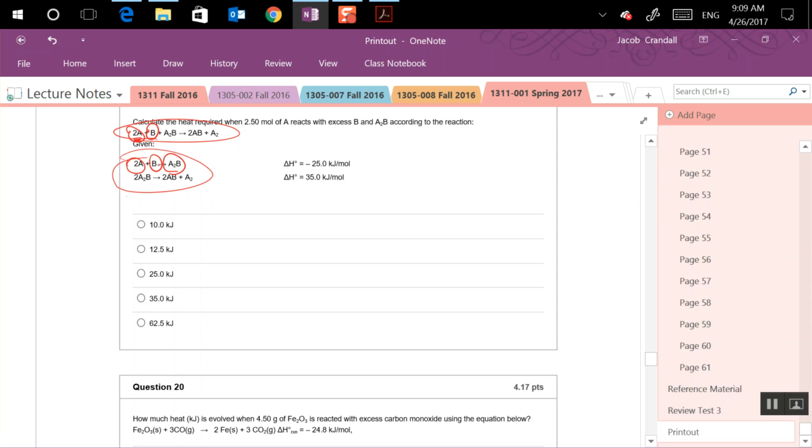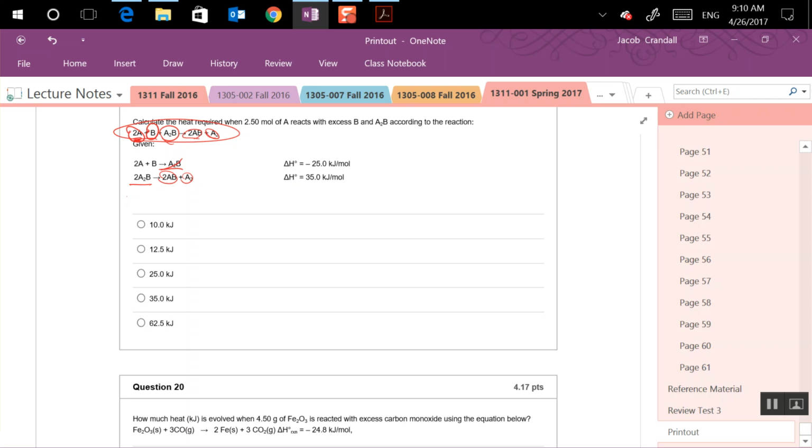We want it to be on the other side. But we do have it on the other side in this other one right here. Which is good because we've only got one A2B here and we only need one here, but we have two here and we have one there, so this one cancels and that leaves me with just one A2B here. Produces 2AB, which is what we want, and A2. So I really don't have to manipulate this at all. It actually equals that reaction.